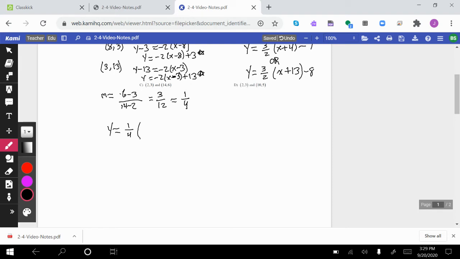And then in our parentheses, we have x minus 2, because 2 is our x1 value, plus 3, because that's our y1 value. Or if we use our other ordered pair, we end up with y equals 1/4 x minus 14 plus 6. And either of those are going to be correct.